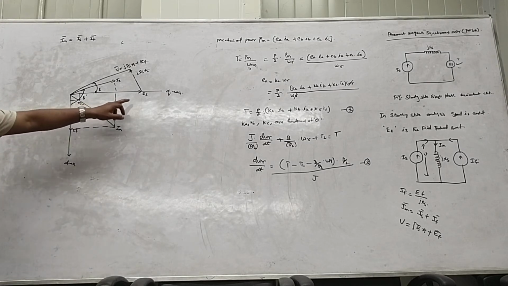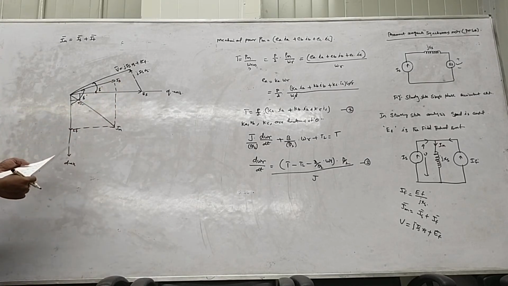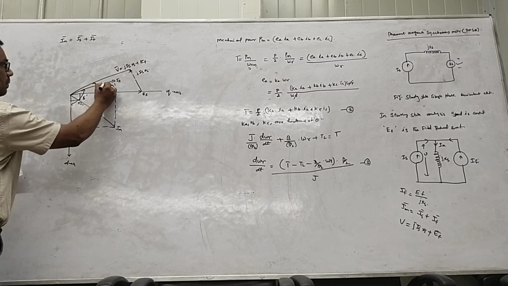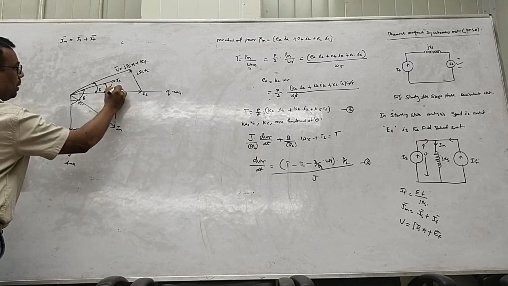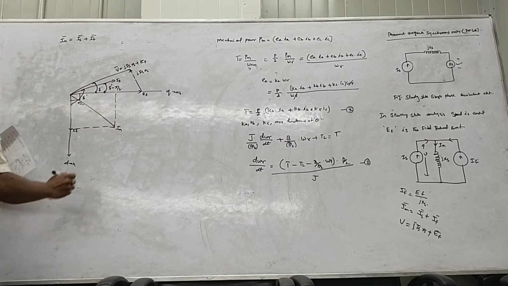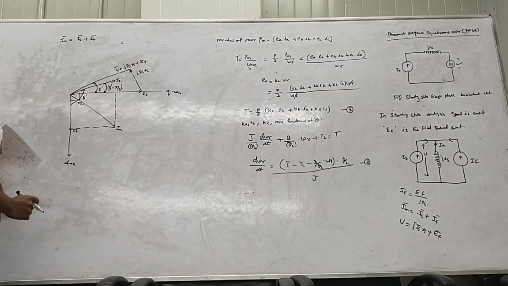The angle between EF and IS is delta prime minus pi by 2.